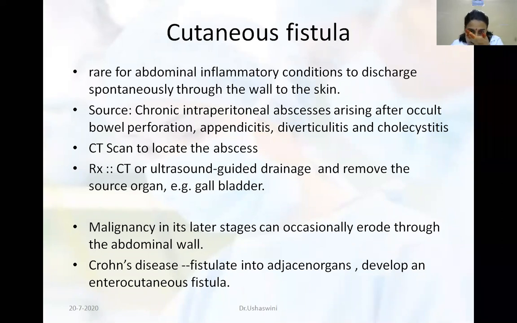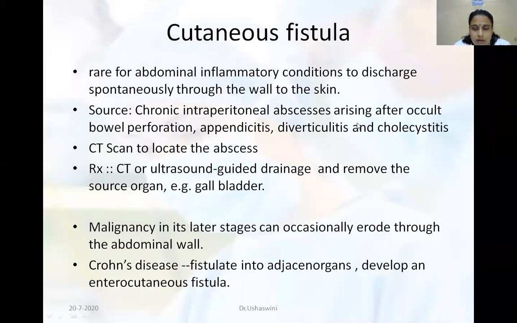But chronic infections within the abdominal cavity can eat away the abdominal wall and cause a fistula formation. Obviously the more vulnerable organ is the bowel, because you have the source of infective organisms.